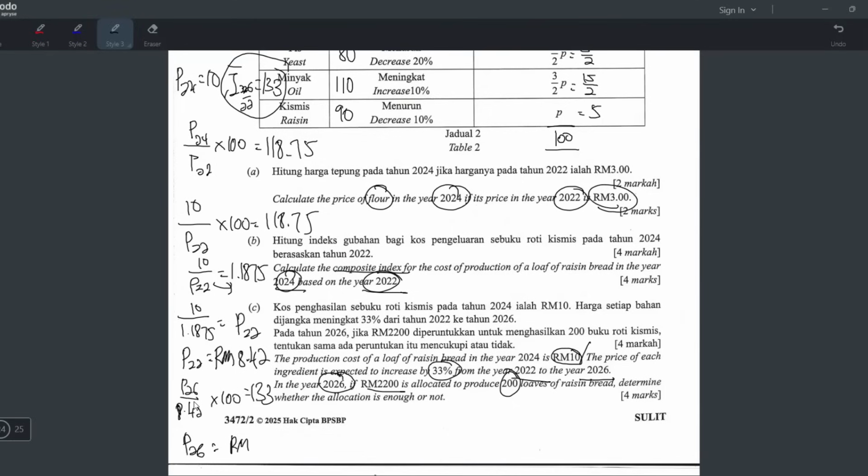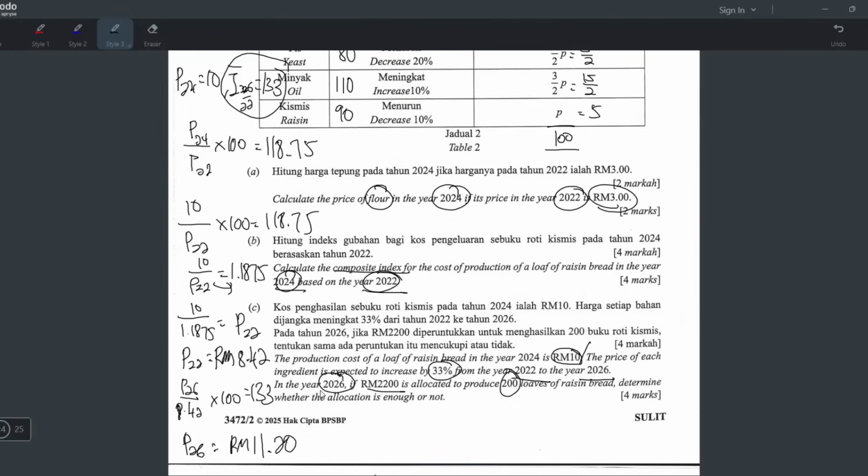So I'm going to press 1.33 times 8.42. Okay, my calculator gives me 11.1986. But if it's RM, we have to write two decimal places. So if you round it off to two decimal places, it becomes 11.20.